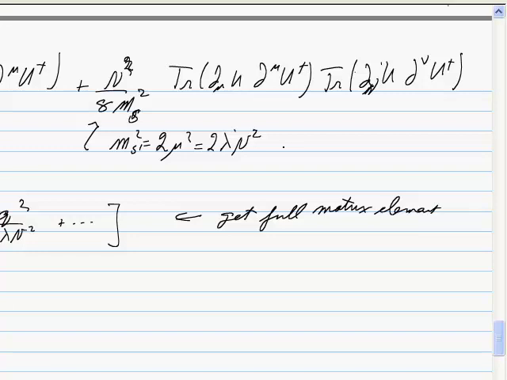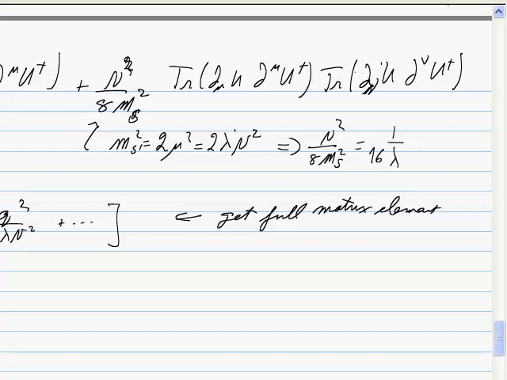So that factor there, v squared over 8 m s squared, is 1 over 2 lambda. 1 over 16, sorry. Okay, it's strictly just the inverse of the coupling constant. Again, a bit odd, but that's what it is.